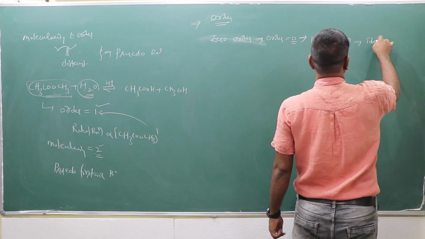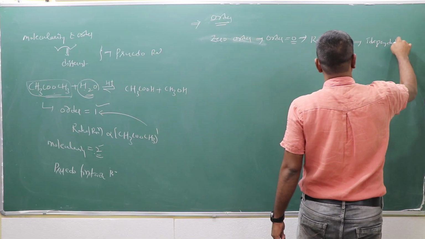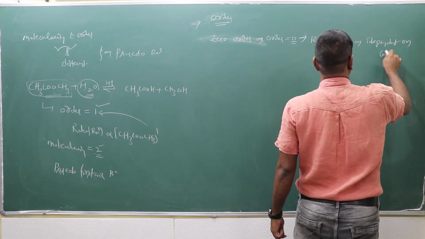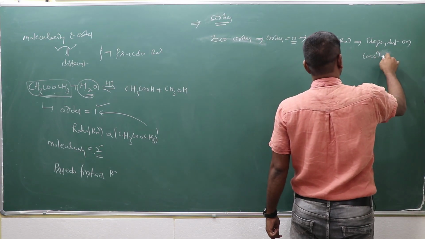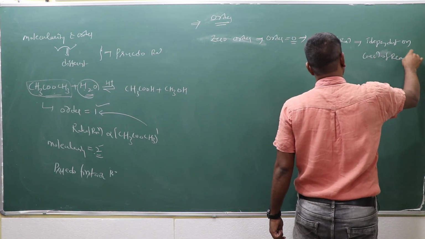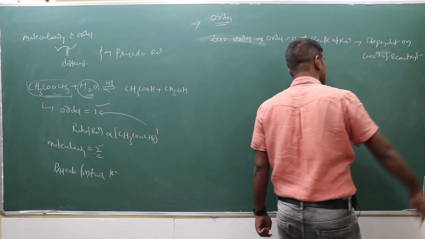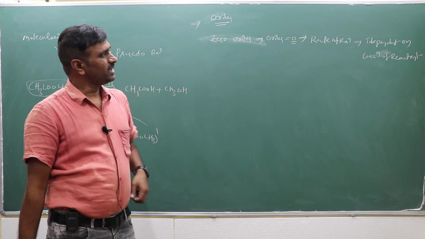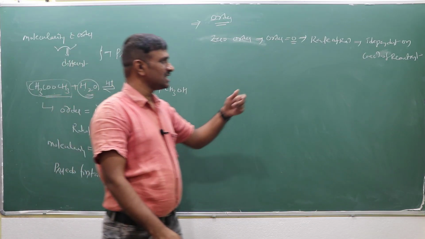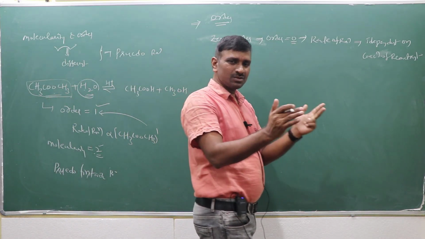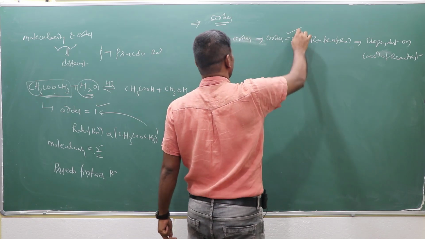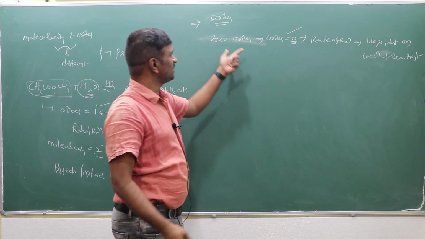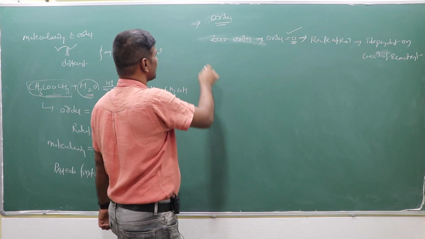So the rate of reaction is not dependent on which one? The concentration of a reactant molecule. So the rate of reaction does not depend upon the concentration of the reactant molecule. The power may be 0, and that is considered as zero order.